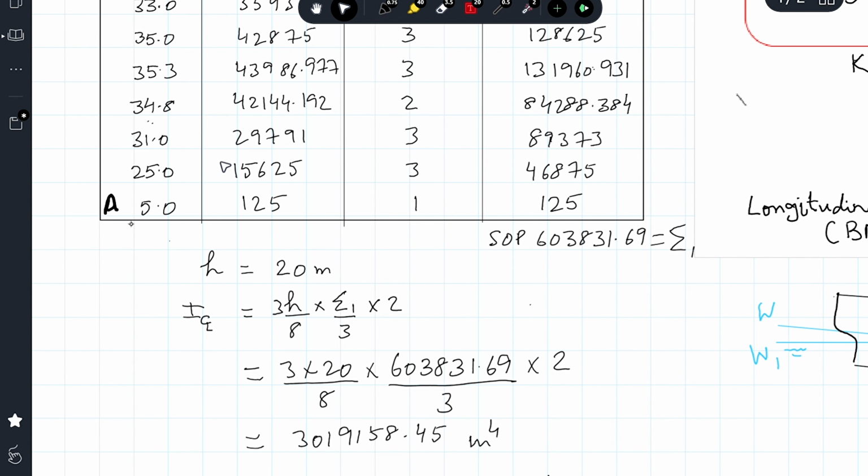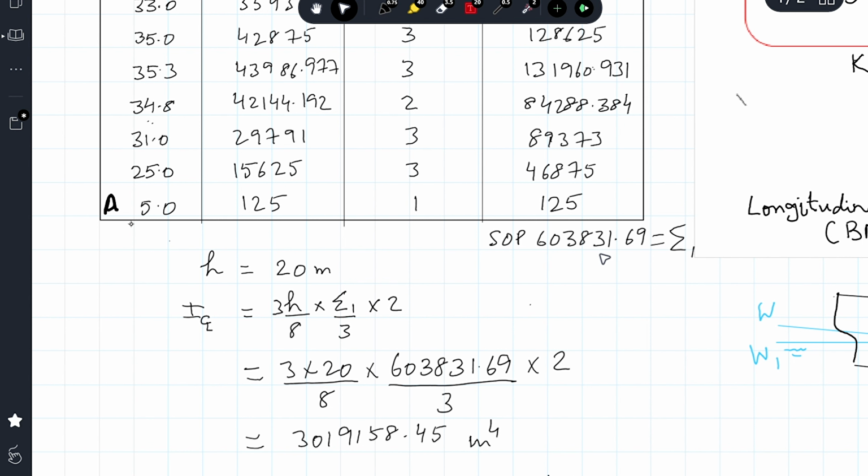And now that we have half ordinates, in order to get the moment of inertia of the full water plane area, I must multiply by 2. So 3h by 8 into sum of the products upon 3 into 2. So 3 into 20 upon 8.